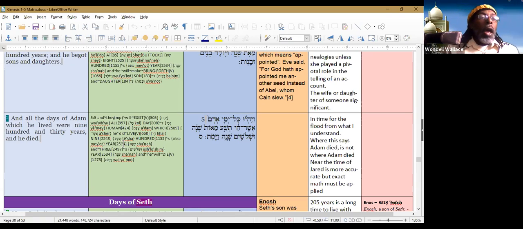All right. And all the days of Adam, which he lived, I already read that, right? So in the time for the flood, from what I understand. Okay, so basically, when his life ended is right when the flood started to begin. When he says, "I'm going to give man 120 years on the planet before I bring the flood."